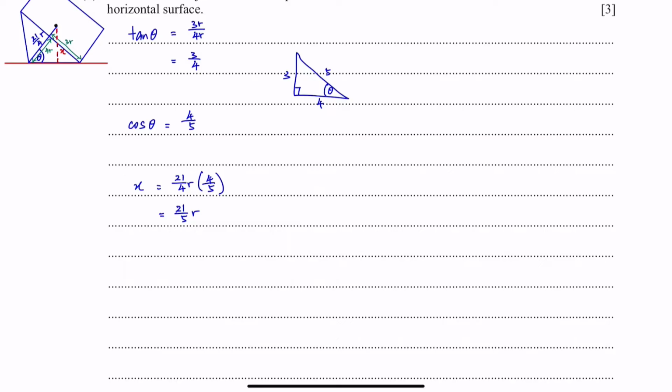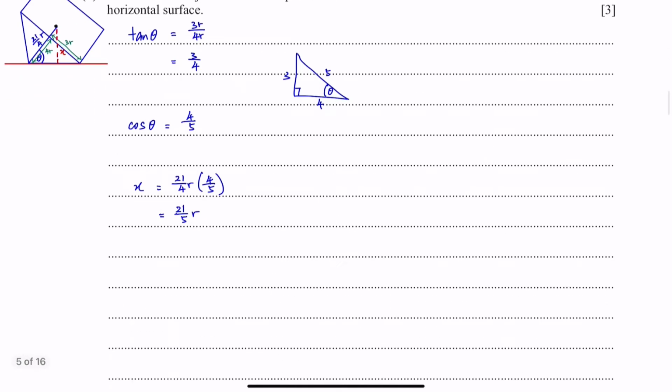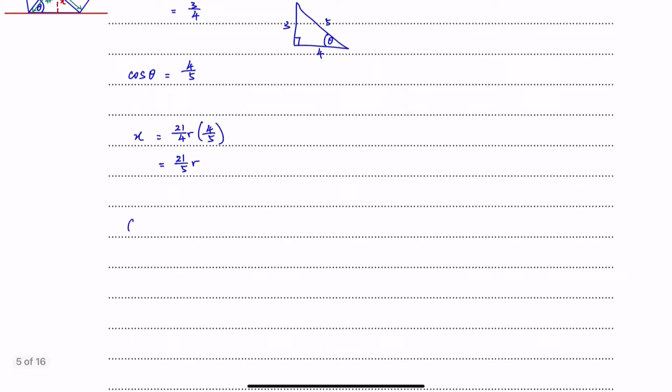So since the curved surface is 5r, we know that 21 over 5r has not exceeded the length of the curved surface, right? So we can say that the curved surface of the cone is 5r, and that 21 over 5r is less than 5r.